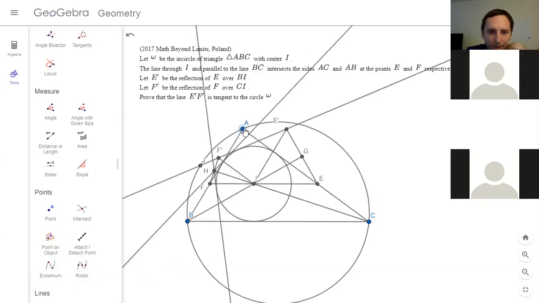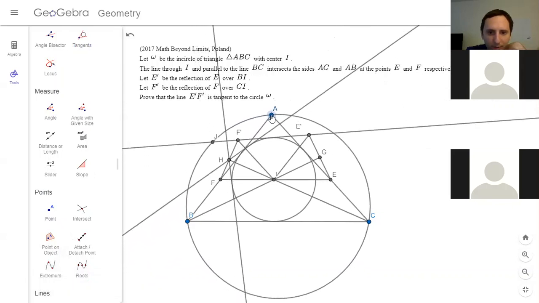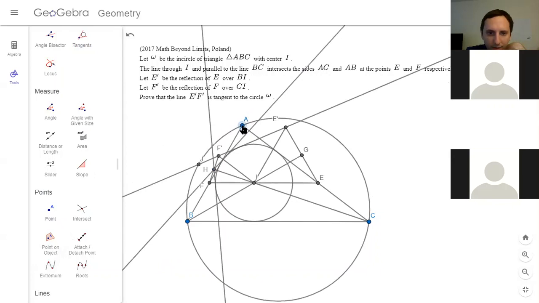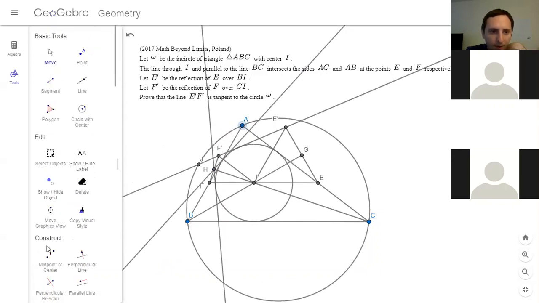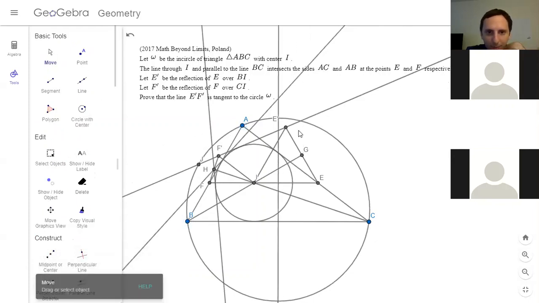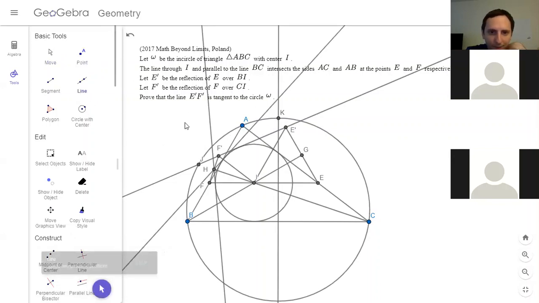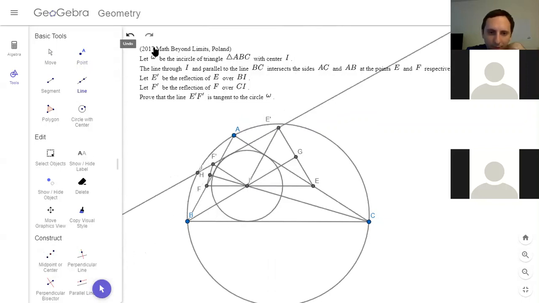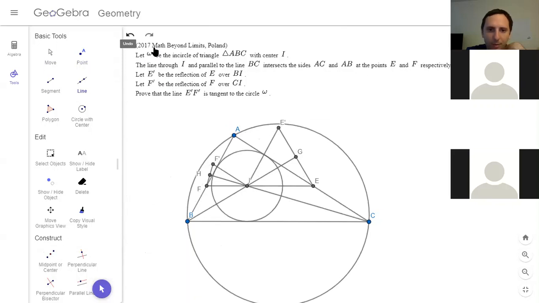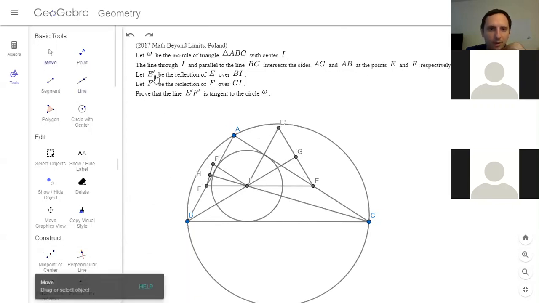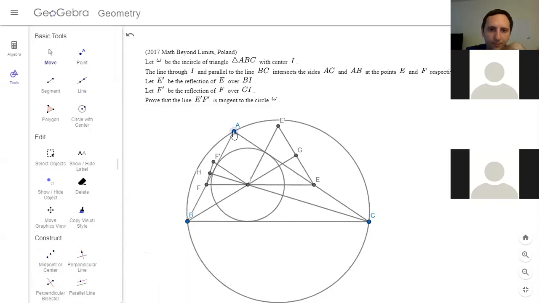That would be really random, but it almost looks like it. Well, I guess to check that, I feel like I'd be kind of lucky if that were the case. Yeah, no, that's not true. So yeah, I'm not sure how good Poncelet's Theorem is for this problem. Maybe there's a simpler way to do it.